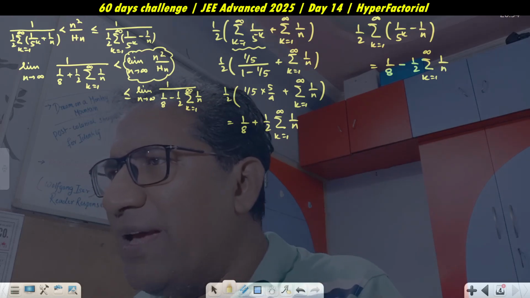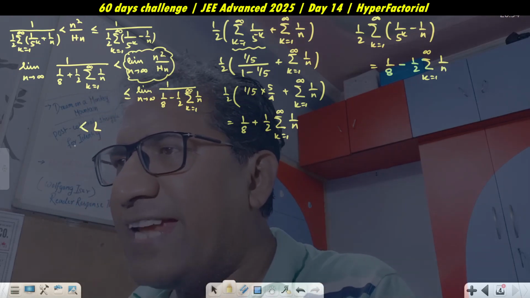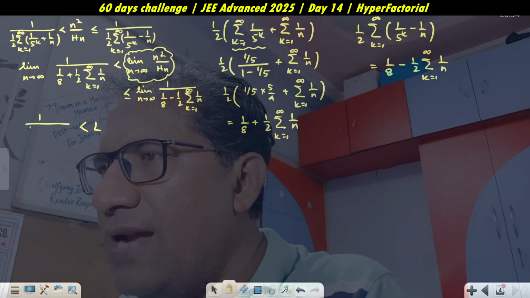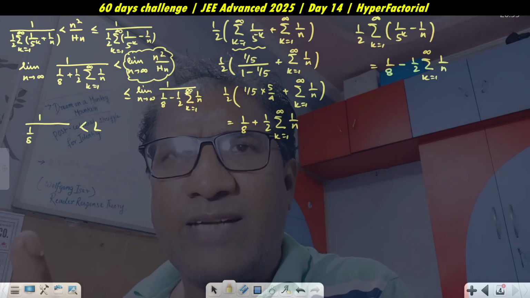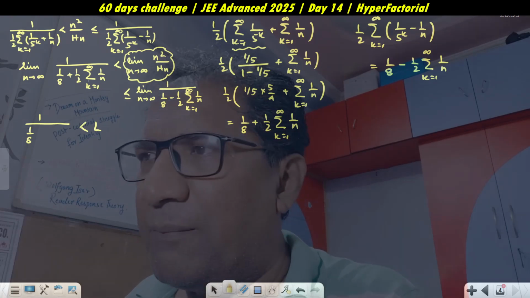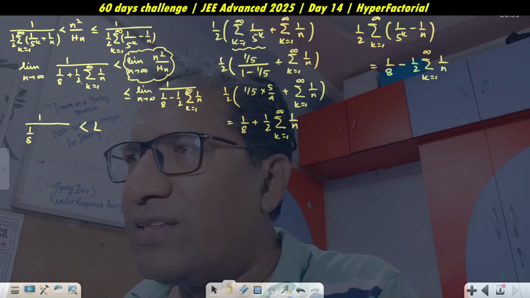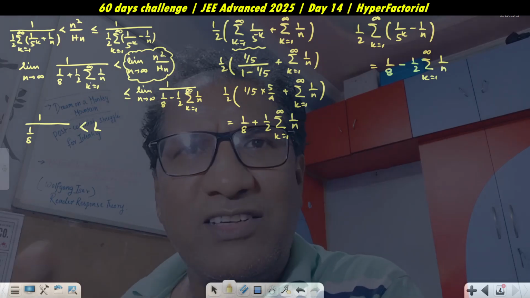So L lies between, now look carefully. In this case, observe carefully, 1 over n does not contain any k, so I can take it outside the sigma sign. And as n is tending towards infinity, 1 over n will become what? 0.